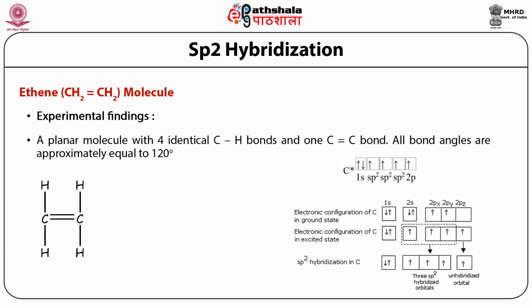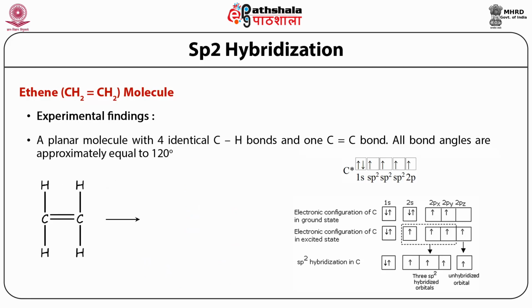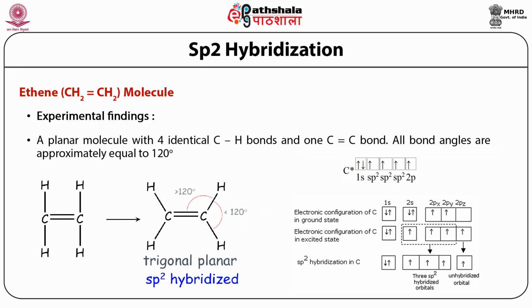In the ethylene molecule, 2 carbon atoms form a sigma bond by overlapping 2 sp2 orbitals, and each carbon atom forms 2 covalent bonds with hydrogen by s-sp2 overlap with 120 degree angles. The pi bond between the carbon atoms, perpendicular to the molecular plane, is formed by 2pz overlap.